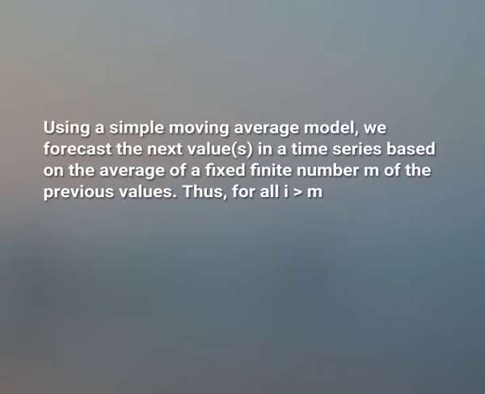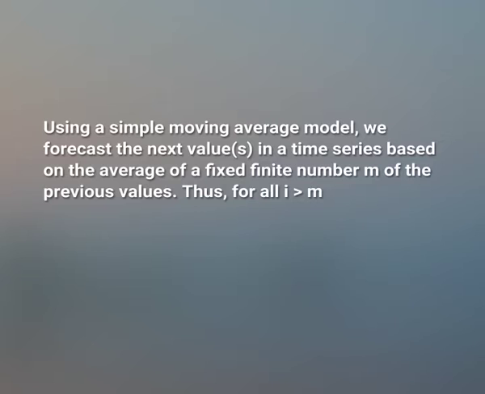Other price data such as the opening price or the median price can also be used. At the end of the new price period, that data is added to the calculation while the oldest price data in the series is eliminated. Using a simple moving average model, we forecast the next values in a time series based on the average of a fixed finite number m of the previous values.